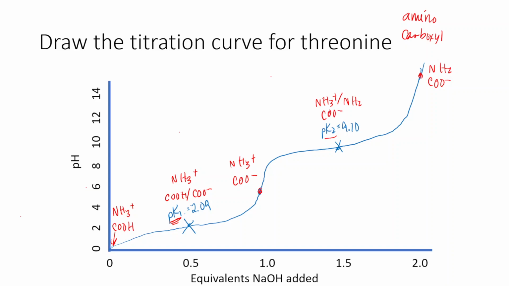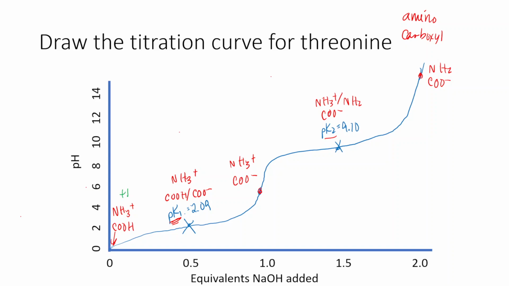So now, once we know what our functional groups look like at each of our equivalence points and half equivalence points, we can also figure out where our different charges are at different pKs. So, like at 0 equivalence, before our very first equivalence point, we have a total charge of +1, right? Because we have our positively charged amino group, our neutral carboxyl group.